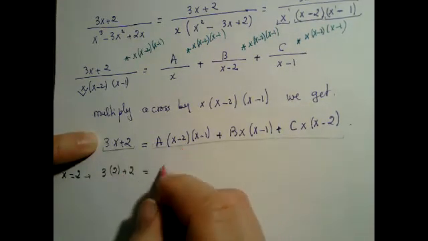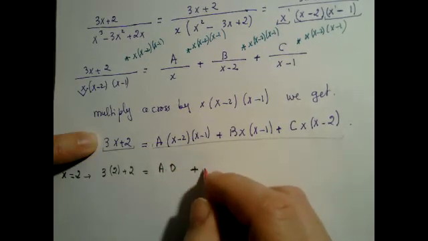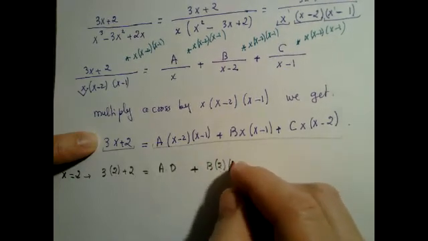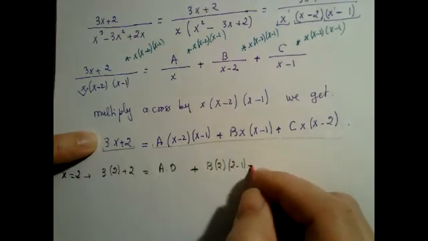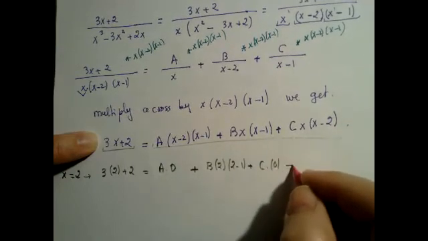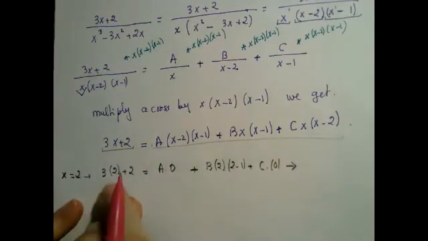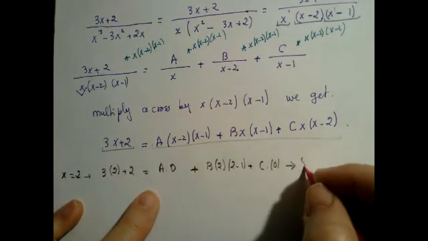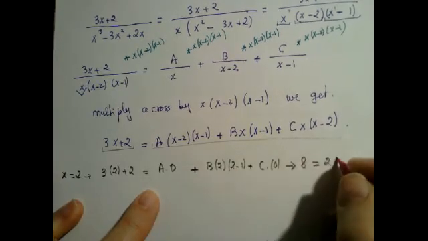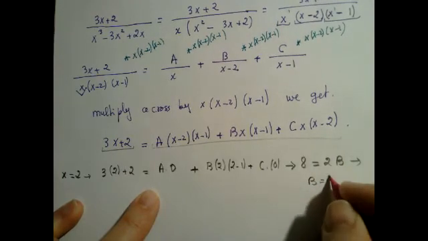Equal a times 0, plus b times 2 minus 1, plus c times 0. If I plug in a 2 in here, it is 0. And this should save me, and this would give me 3 times 2 plus 2, which gives me an 8, equal to b, which gives me b equal to 4.